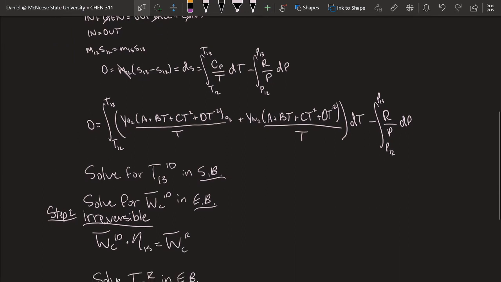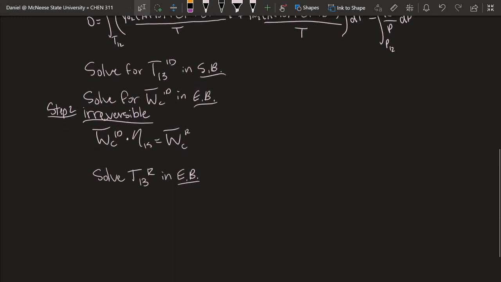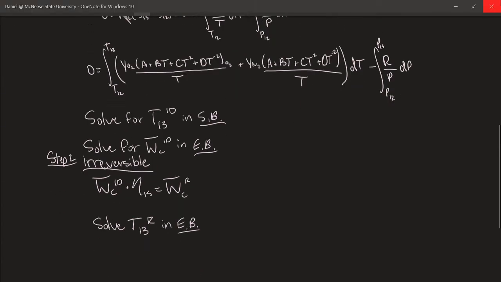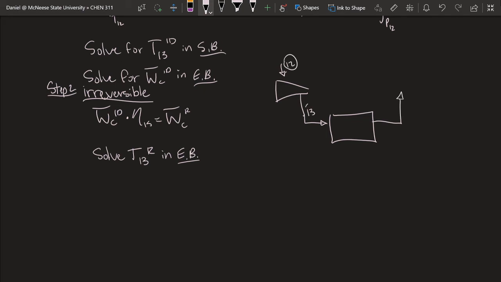Now, once you get to that boiler, you'd assume that, give me a second. All right. After the compressor, we have another combustion chamber.